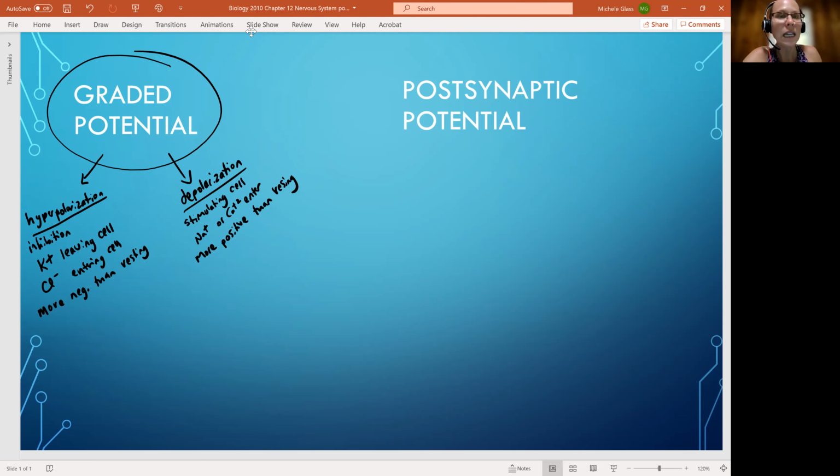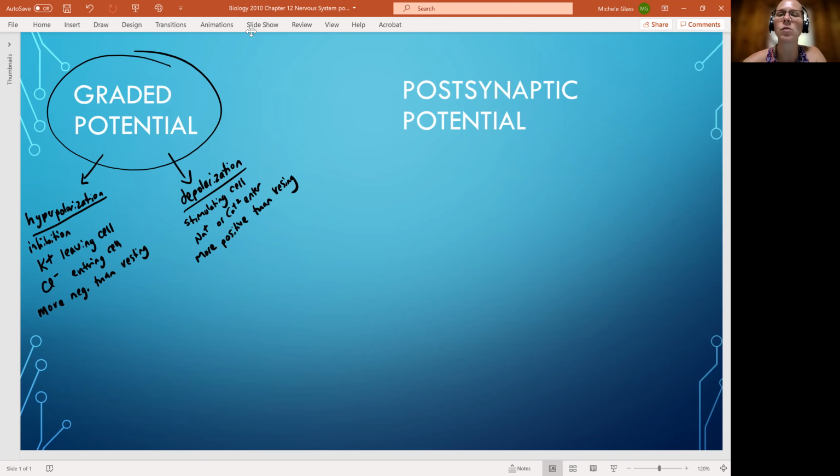Once you get that ball rolling, there's no takebacks. With the graded potential, it's not that way at all. A graded potential can be really huge and dramatic and quickly take you to threshold. It can be a slow process. You may never get to threshold. And so we see a lot of interplay between hyperpolarization and depolarization.